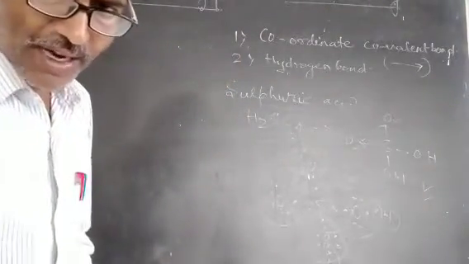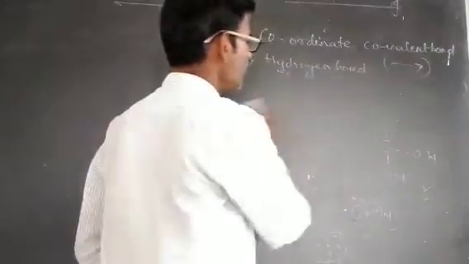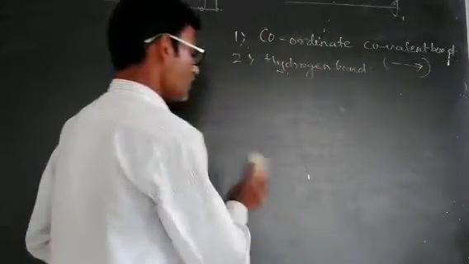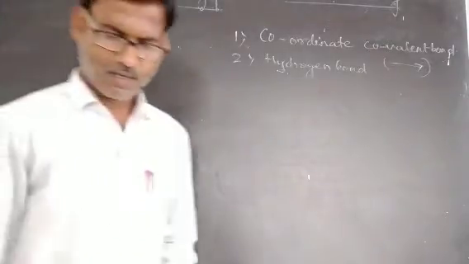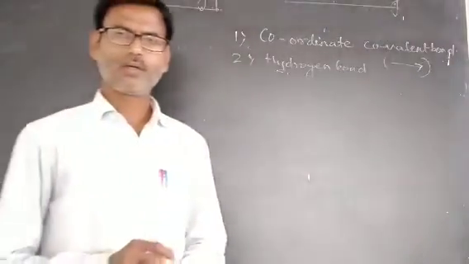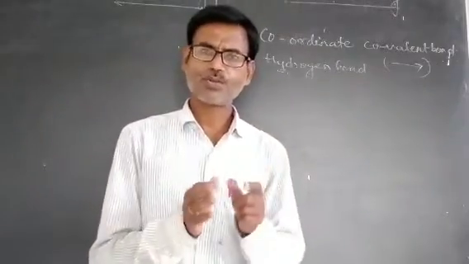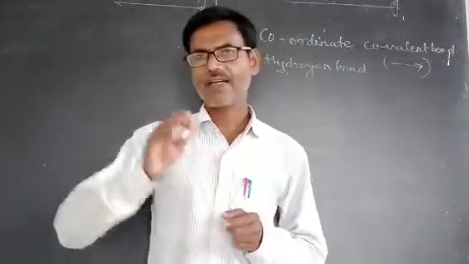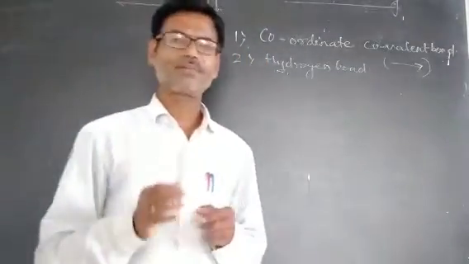Now the next special type of bond. Another special type of chemical bond is hydrogen bond. Hydrogen bond is a chemical bond formed between a hydrogen atom attached to a highly electronegative atom and another highly electronegative atom.